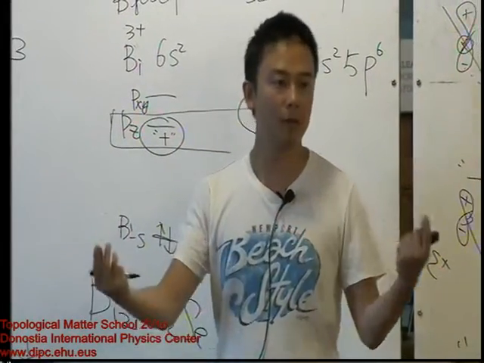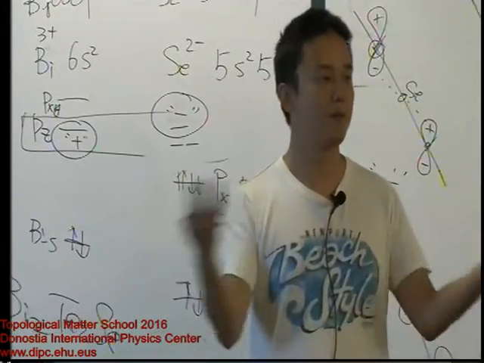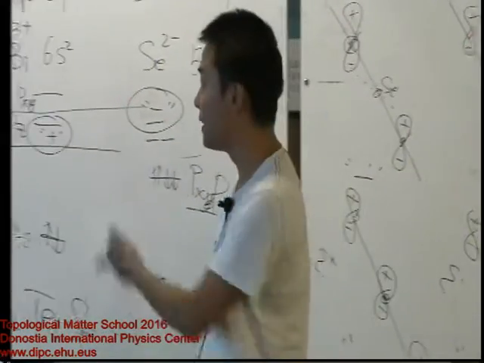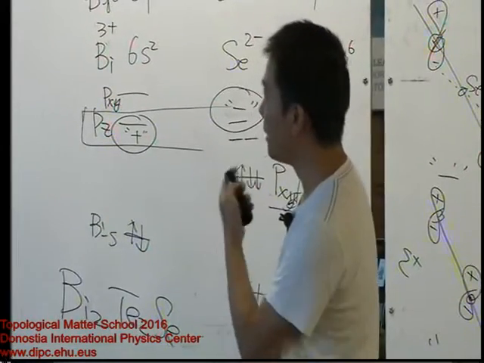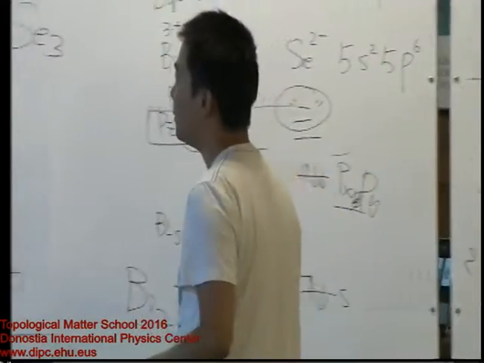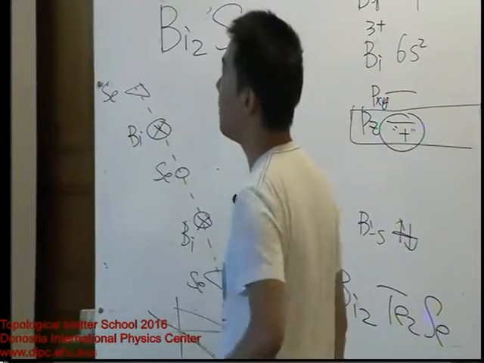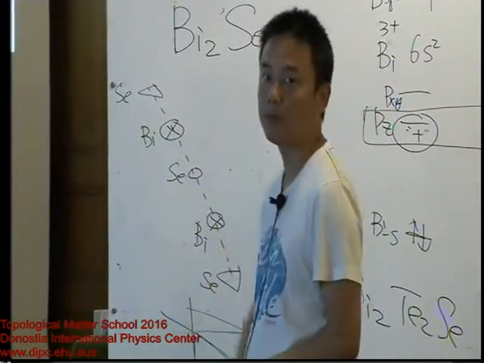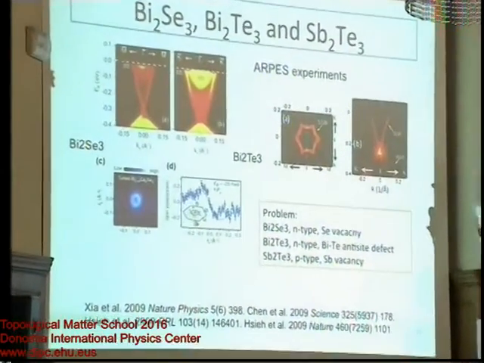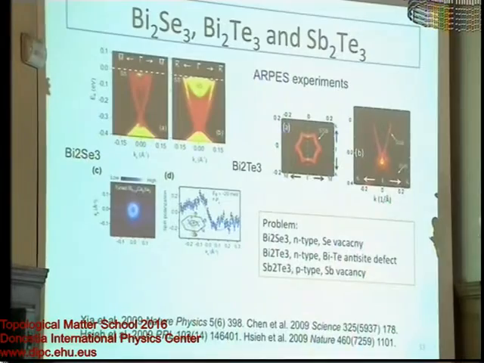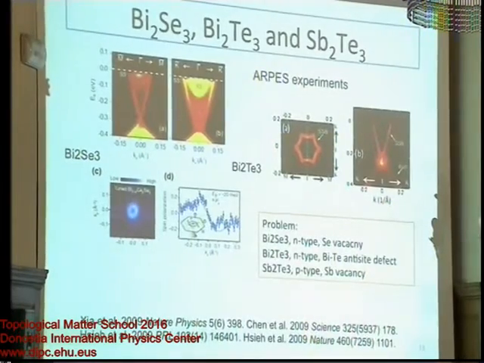Or one is usually P-type, another N-type, then you mix them. Luckily, in some positions, they give you an insulating one. Until now, there has already been some progress to really suppress the bulk carriers and tune the Fermi energy to the right position. Maybe we are still waiting for the most perfect topological insulator.